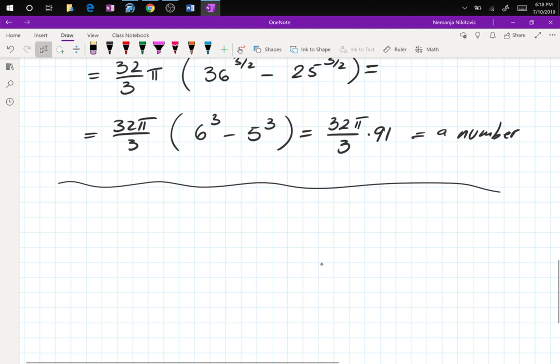Let's see if we can find something. Let's do something that looks disgusting and maybe we can work it out. How about problem 18? It looks interesting. The function y is given as the square root of 5x minus x squared, and we are on 1 to 4 around the x-axis.